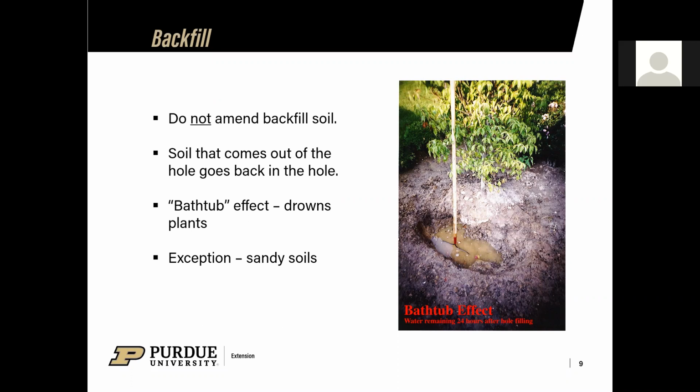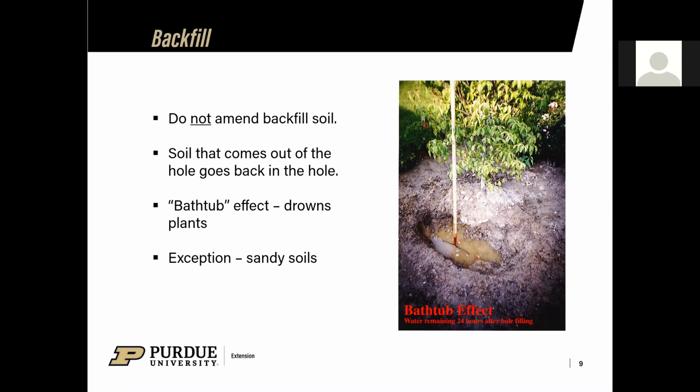You might be asking, why do you do this? Well, if you look at the picture there, especially if it's a heavy clay soil, if you come in and put a lot of amendments in that backfill, if you add a lot of peat moss, compost, things of that nature, you make that light soil around there really rich and nutritious for that plant.